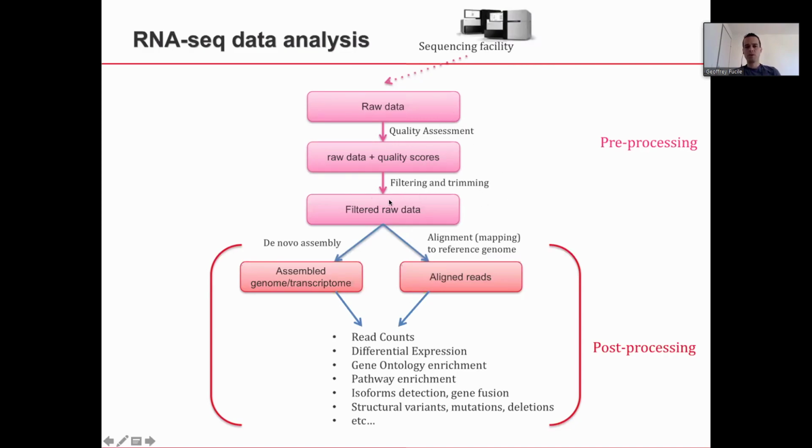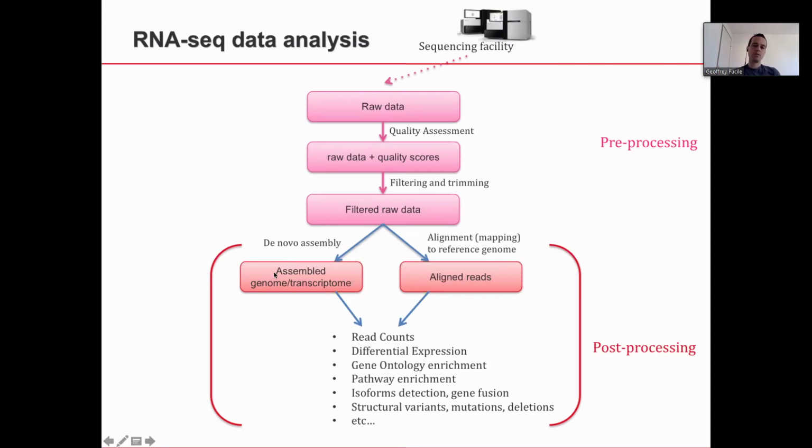So we have our filtered raw data now, and there are two approaches one can take with RNA-seq data. Generally, if you are working in a model organism and you have a good reference to compare against, you can now align or map the reads back to this reference genome. And from here, you can start counting the number of reads per gene, doing differential expression, trying to figure out what types of pathways are affected, and so on and so forth.